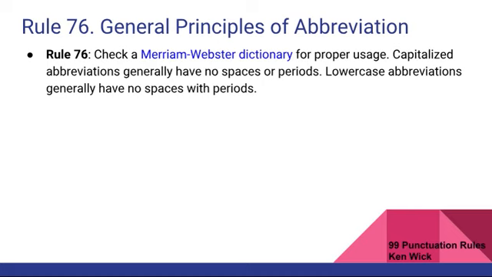So Rule 76, General Principles of Abbreviation. Basically, check a Merriam-Webster dictionary for proper usage. Capitalized abbreviations, meaning all caps, generally have no spaces and no periods. Lowercase abbreviations generally have no spaces with periods.